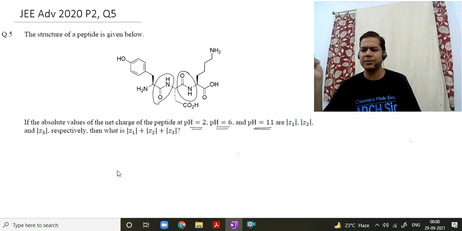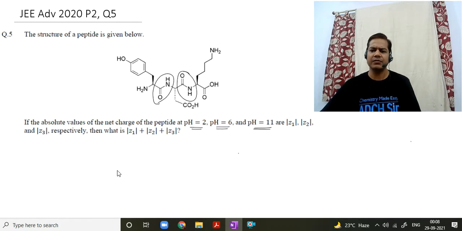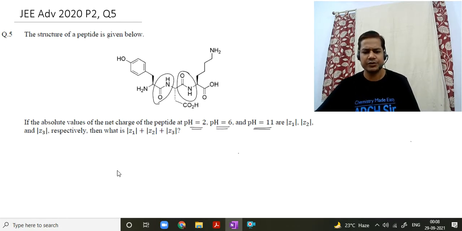So let us talk about that concept. We'll compare pH to the pKa value of the weak acid and determine at what pH which form will dominate. Let us revise that concept and then we'll apply it in this question.